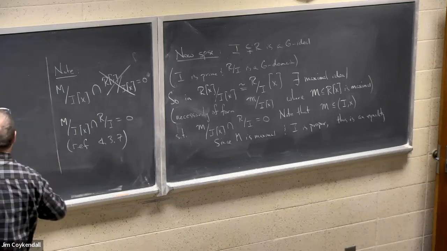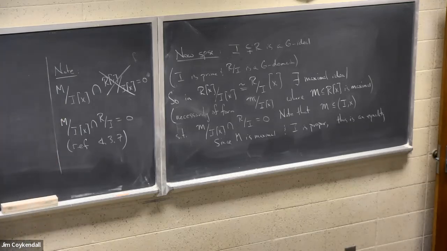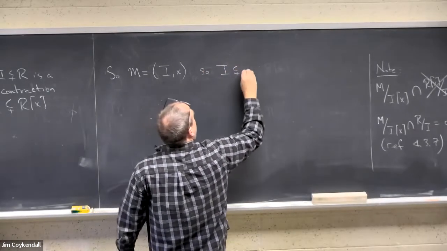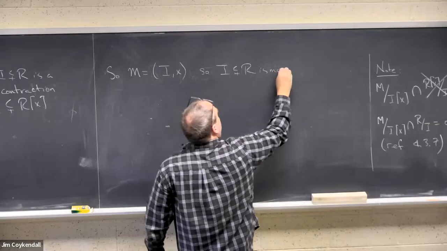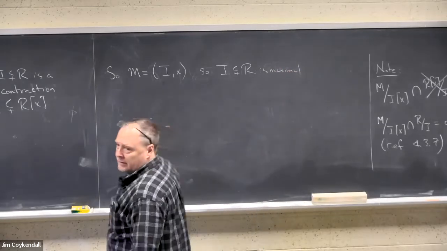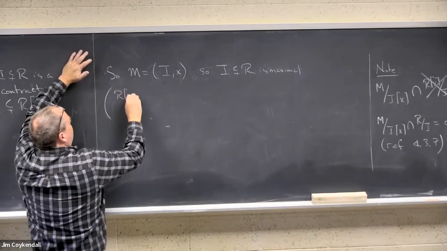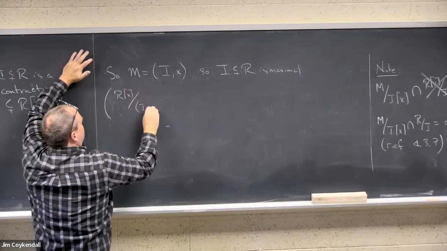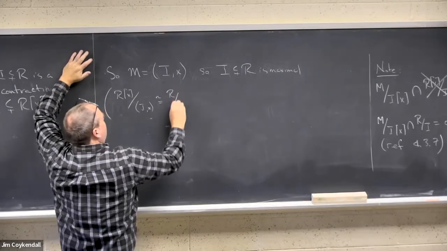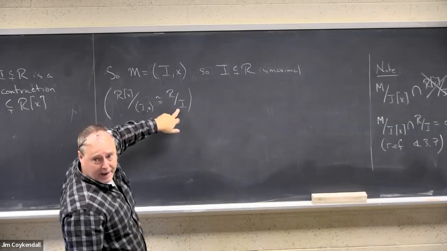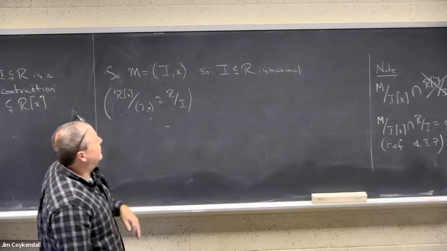And if it's an equality, this forces M, or I'm sorry, I inside of R is maximal. Because if you have R[X] mod (I, X), this is isomorphic to R mod I. And so if this is maximal in the first place, this forces I to be a maximal ideal of R, right? Because that has to be a field.